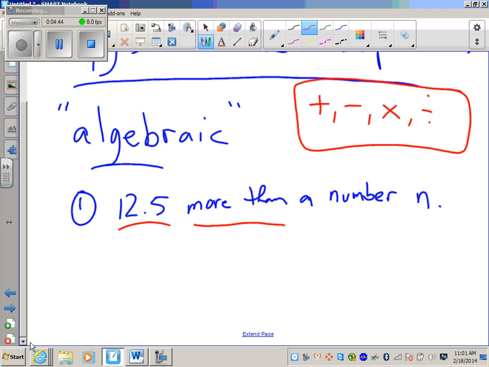No, we said more than. Don't confuse it and make it something that it isn't. It's written for us right there, more than. So we know it's going to be adding. So I'm going to be adding the 12.5 with what we call n.